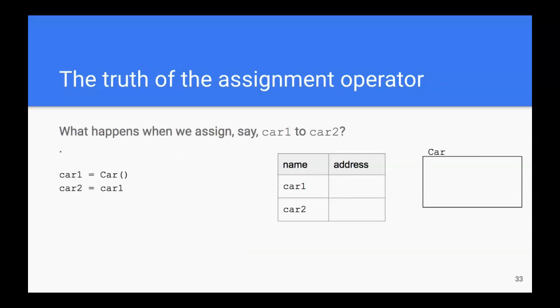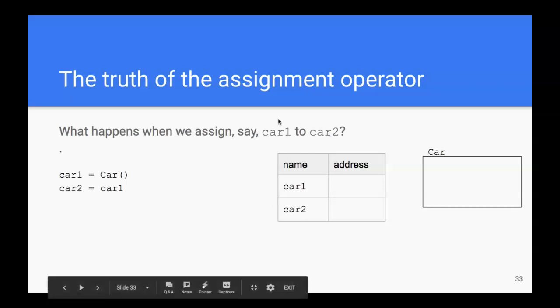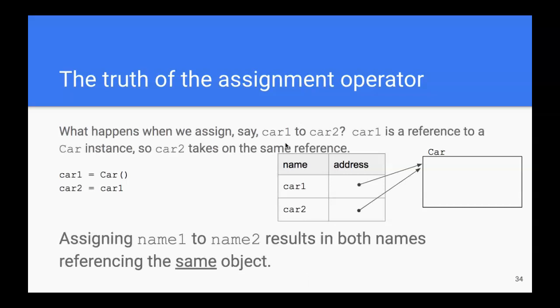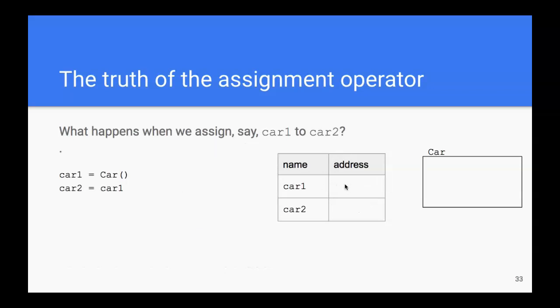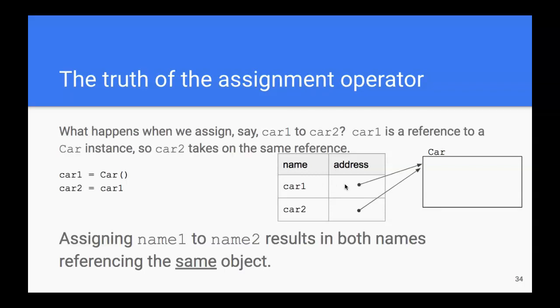So what happens when we then assign car1 to car2? All right, so what happens is that car1 is a reference. We should have drawn an arrow there.